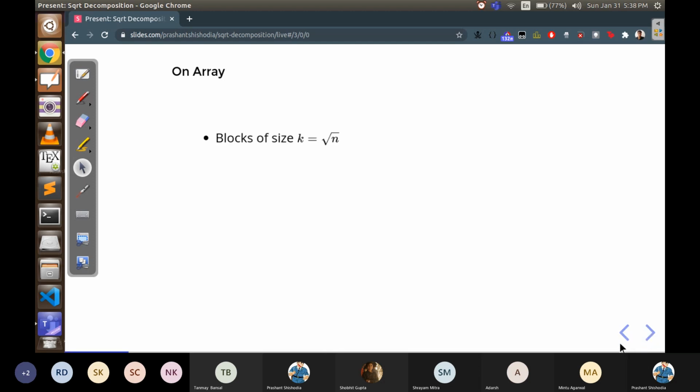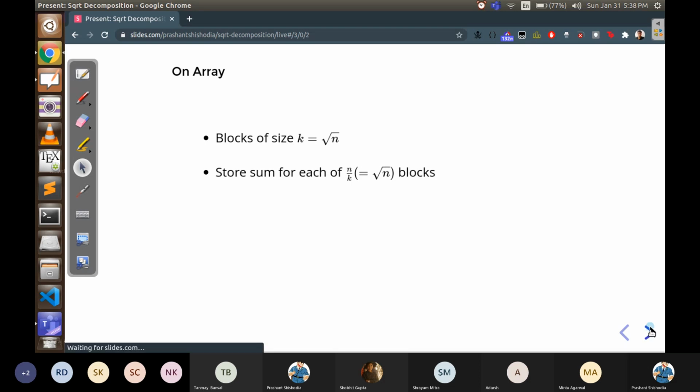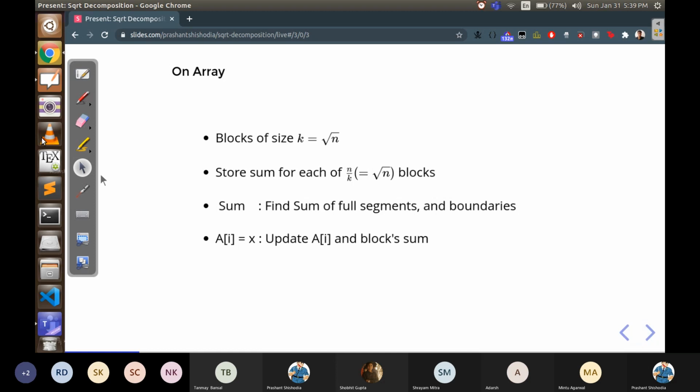So what we will do is we divide it into blocks of size k equals root n, and then we store the sum for each block. Suppose this is my array and I have divided it into blocks of size root n each.